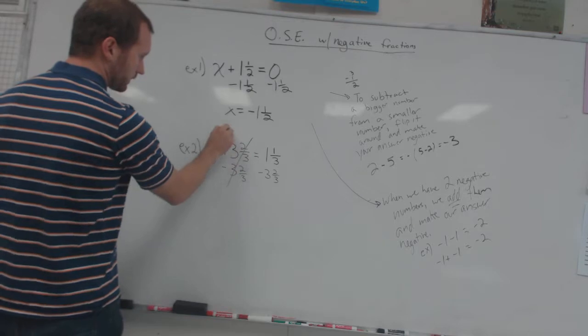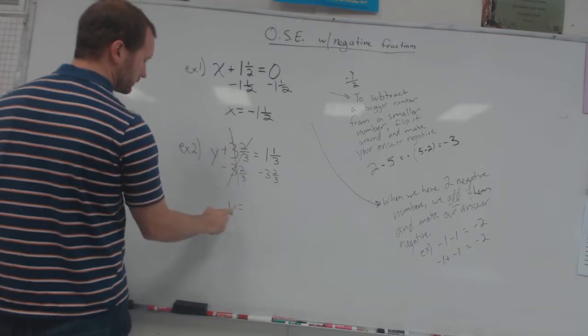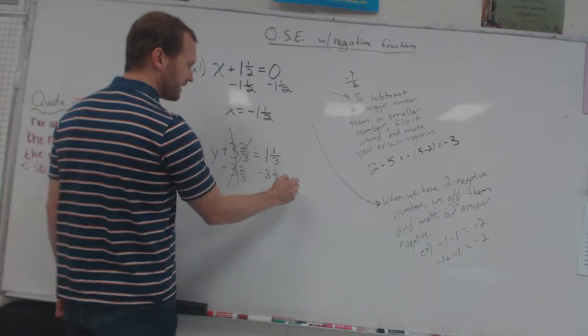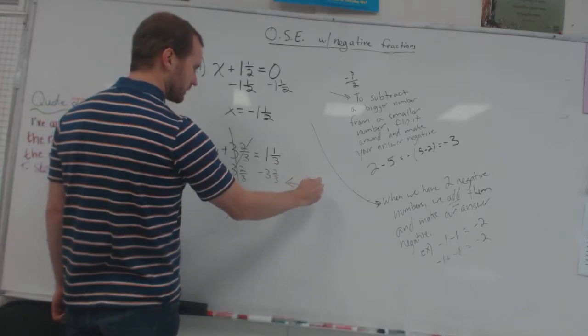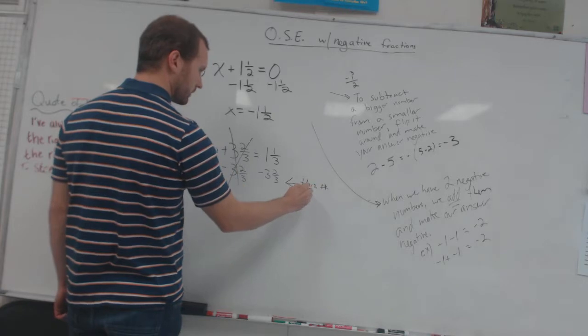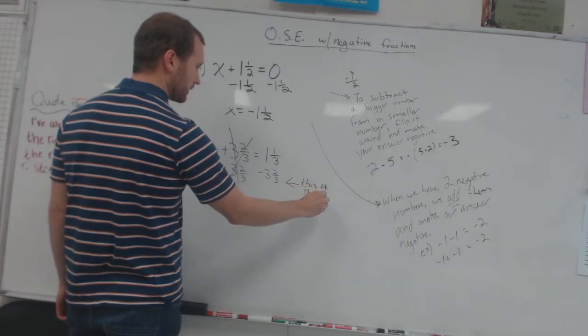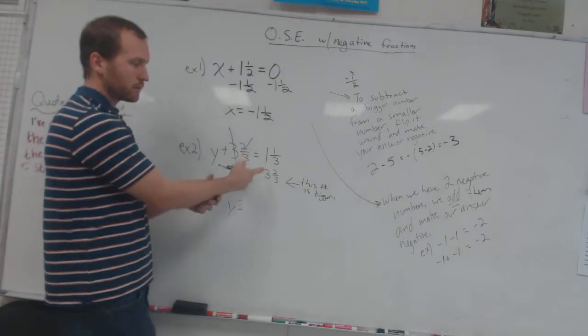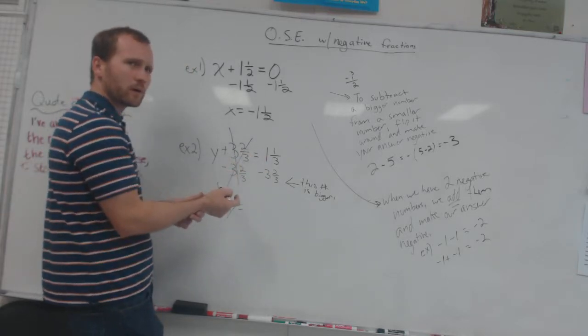Okay, that's great. I have y equals. That's what I want. Well, let's look here. This number is bigger. 3 is bigger than 1, so 3 2/3 is definitely bigger than 1 1/3.